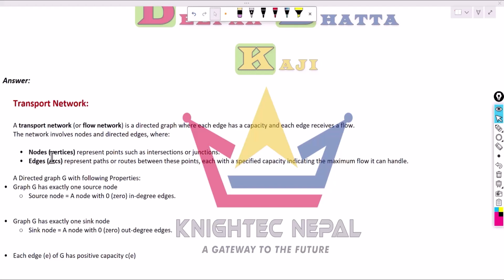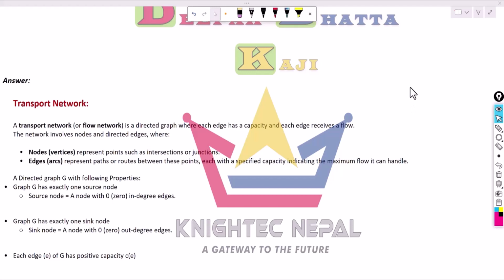Nodes represent points such as intersections or junctions. Edges represent paths or routes between these points, each with a specified capacity indicating the maximum flow it can handle. So the given graph is a directed graph, and the directed graph has the following properties.